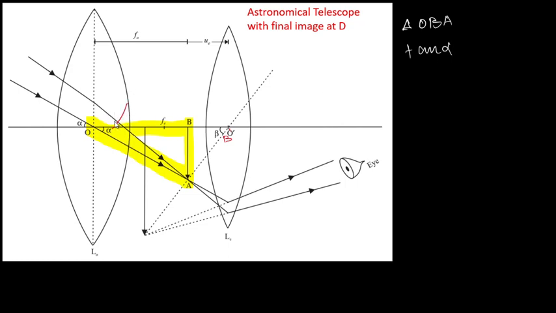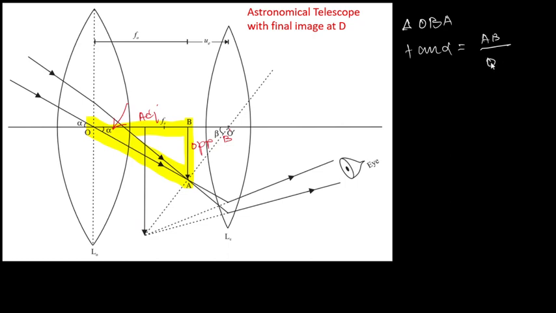This is alpha. So tan alpha means opposite side by adjacent side. So this is adjacent side. So what is opposite side? Which is nothing but the height of the object, that is AB. So AB divided by, and adjacent is OB.